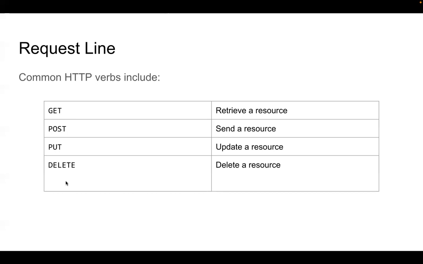So the way these methods actually work is the person who is sending the request will have to choose one of these. But then the server has to take this and do something with it.